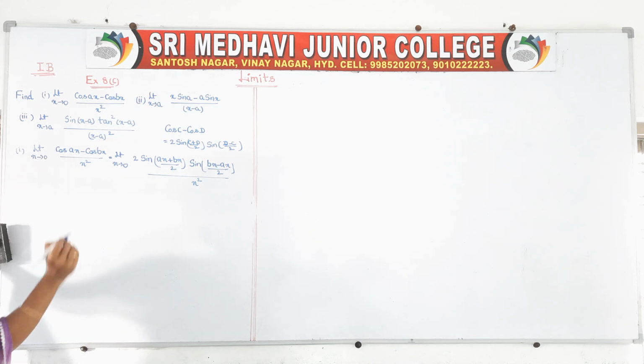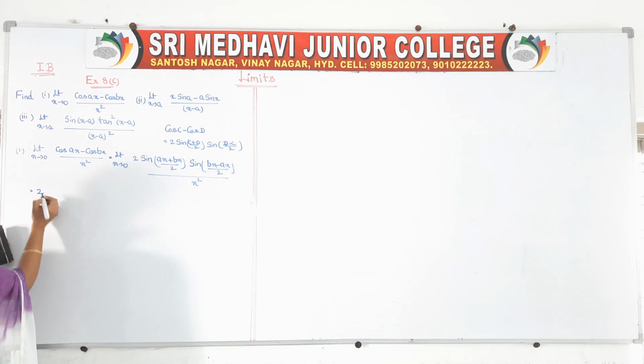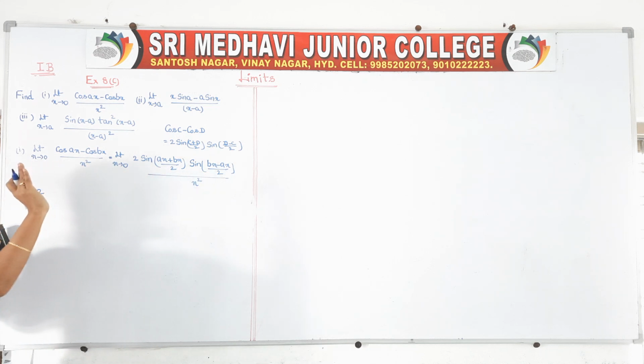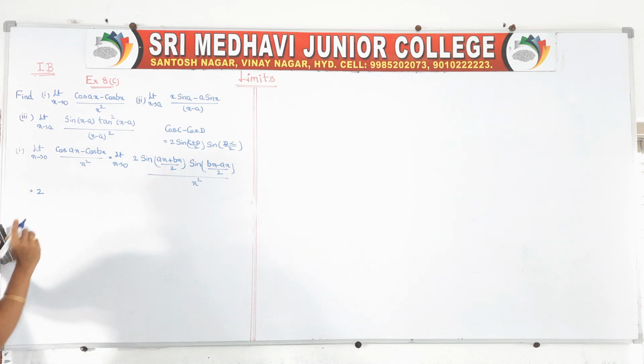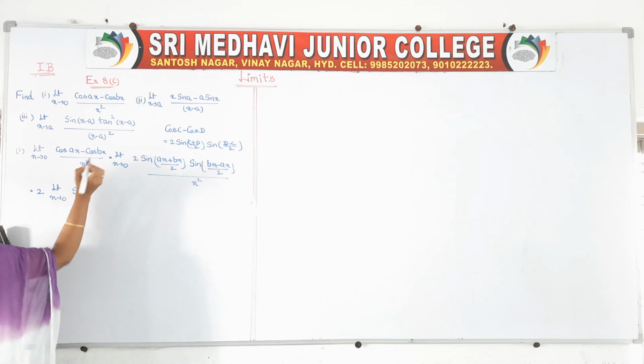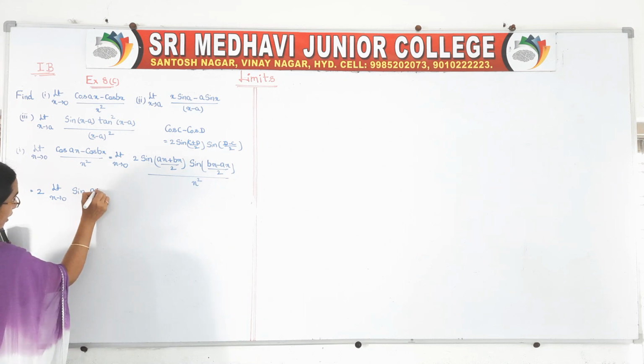Okay, so 2 is a constant, you write 2 outside, and I am taking these as two terms and applying the limits also separately. How? Limit x tends to 0 sine of, x can be taken common, right?